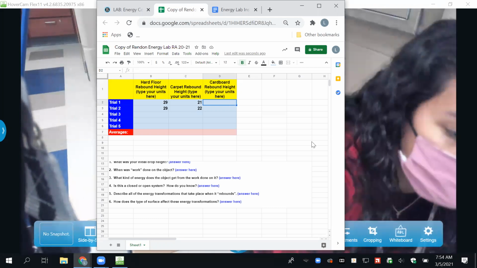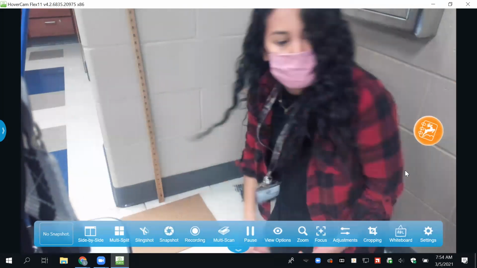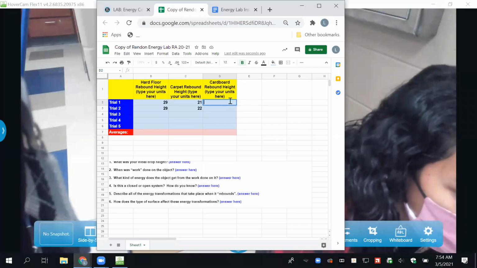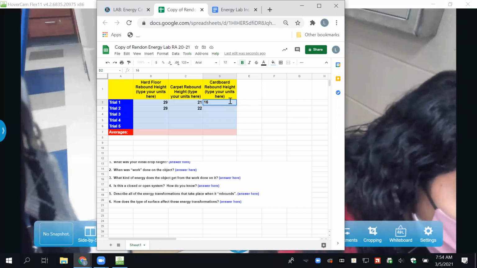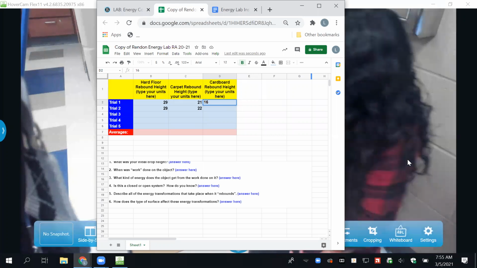And then the last one is cardboard. Drop it from the same height. That was like 16. Okay, and then you just keep doing that.